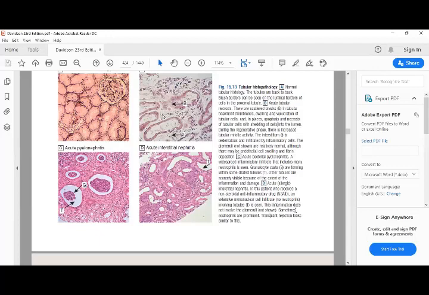This inflammation does not involve the glomeruli, not shown. Sometimes neutrophils are prominent. Transplant rejection looks similar to this.